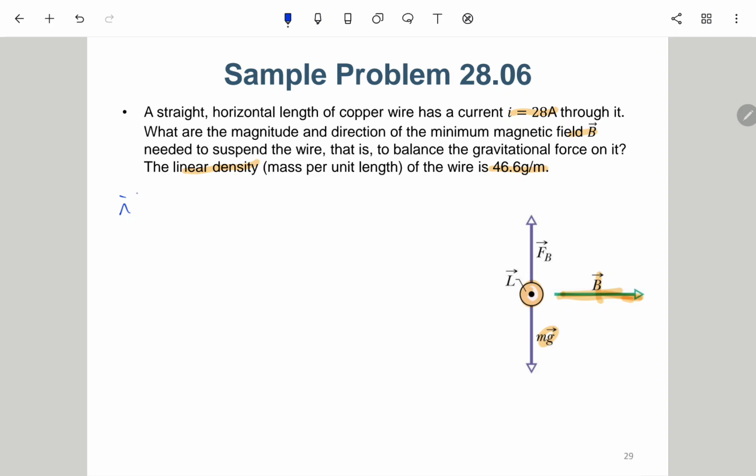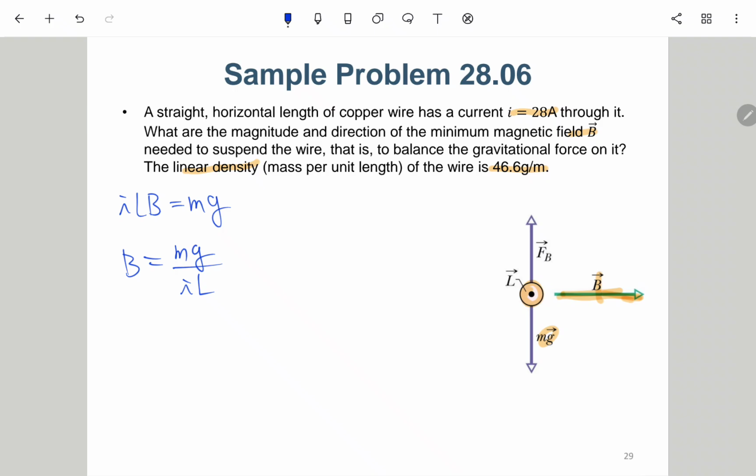Okay, so here we have ILB, which is the Lorentz force, the force acting on the current-carrying wire in the B field, equals mg. So B equals mg over IL. We don't have the number for the mass.